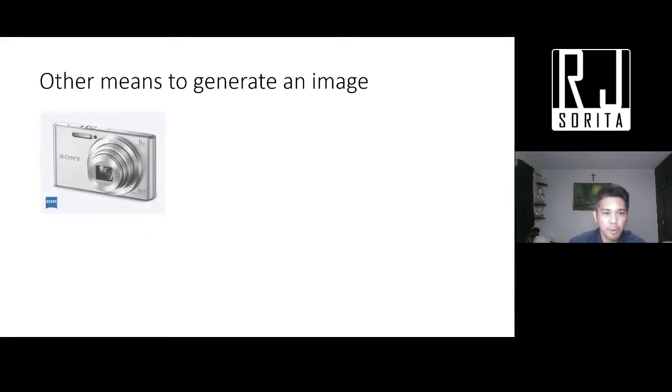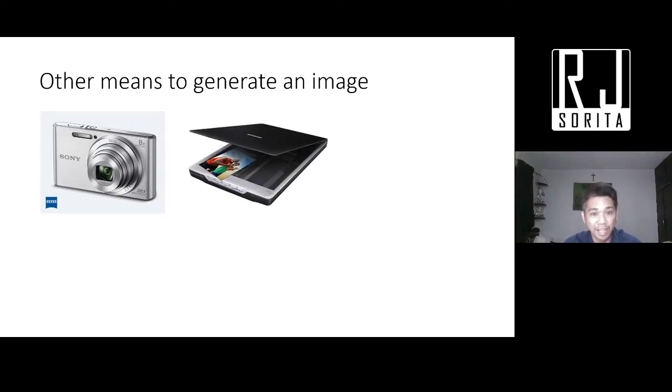Now, aside from a digital camera, we can also produce images if we scan them using a scanner. You just put your picture on the scanner, and then the machine will scan it and reproduce it digitally.